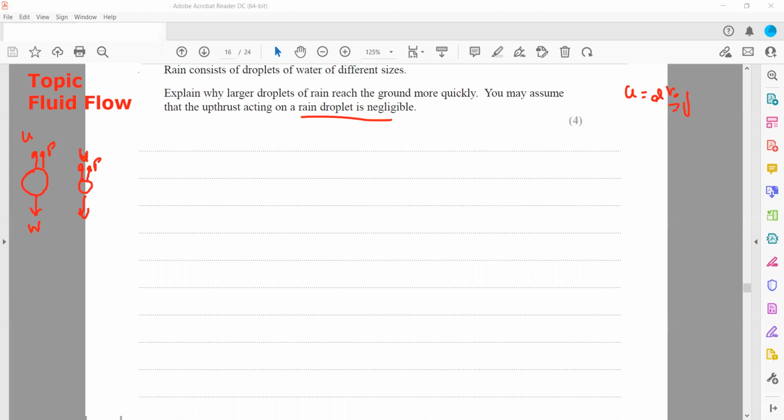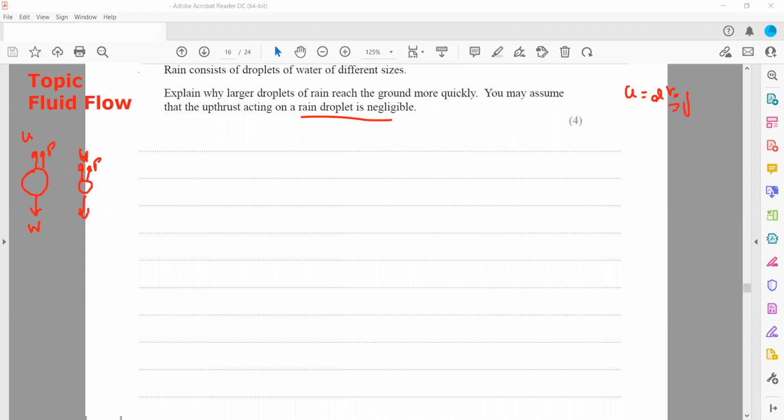So, the large raindrops will have a higher terminal velocity, but small raindrops will have a lower terminal velocity. And when they reach terminal velocity, at that moment the weight, which is acting downward, will be equal to the drag, because upthrust is negligible.